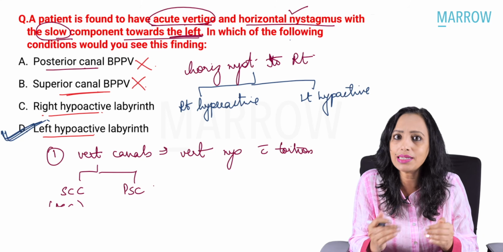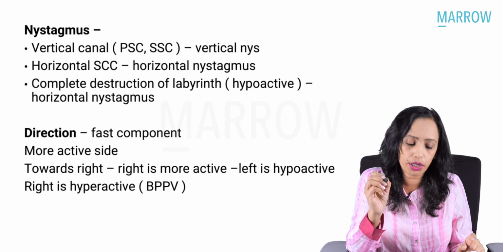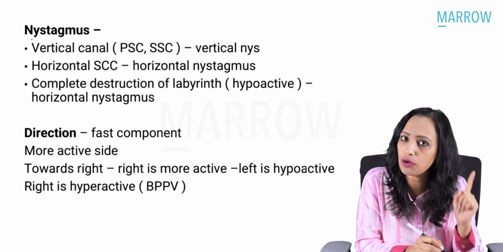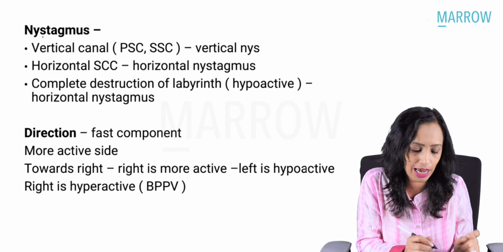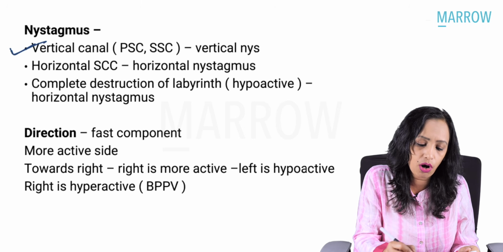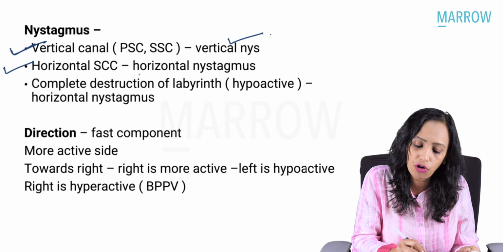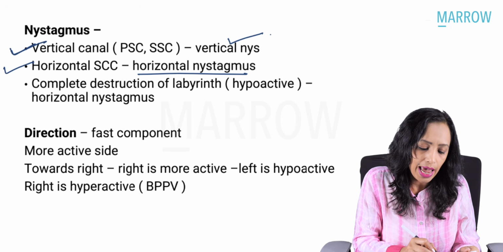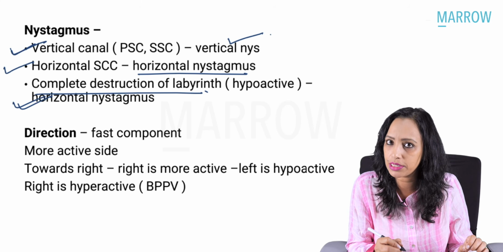Now these questions are being asked very, very commonly. So let us quickly summarize and repeat what I have told you. Whenever a question of nystagmus is given, the first thing you will see is whether it is a vertical or a horizontal nystagmus. Involvement of a vertical canal will lead to vertical nystagmus. Horizontal canal involvement will lead to horizontal nystagmus, and complete destruction of the labyrinth will lead to a horizontal nystagmus.